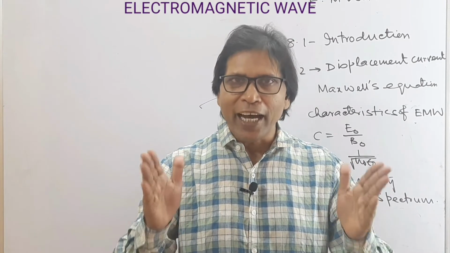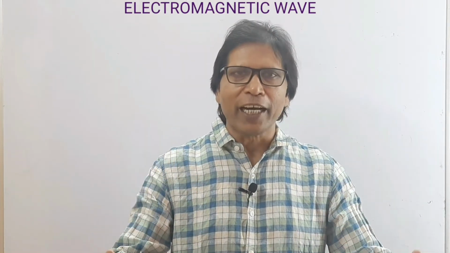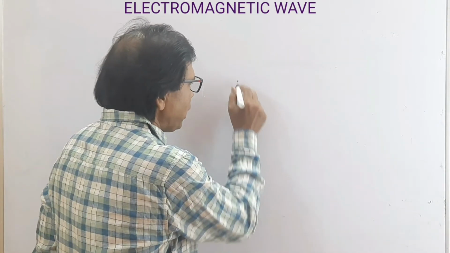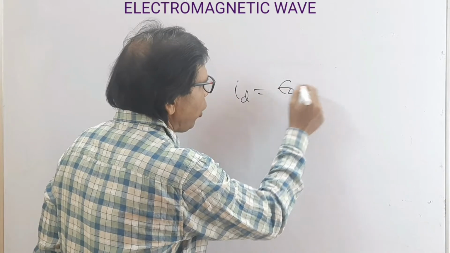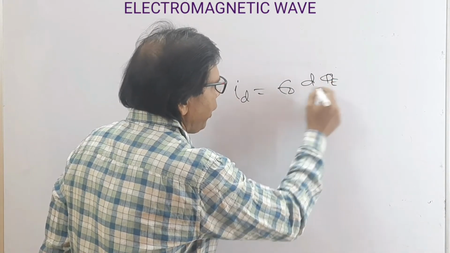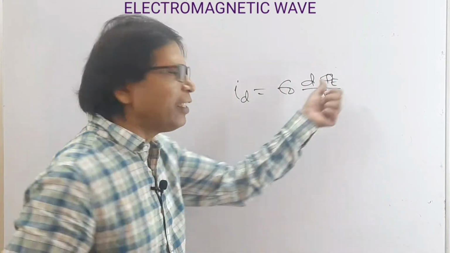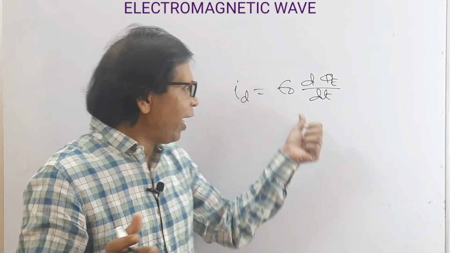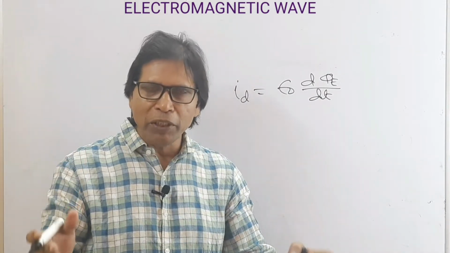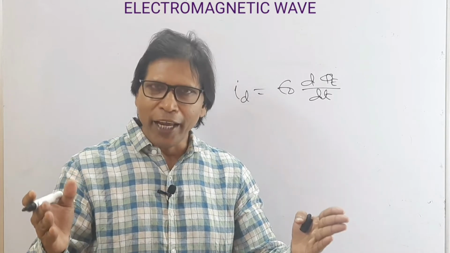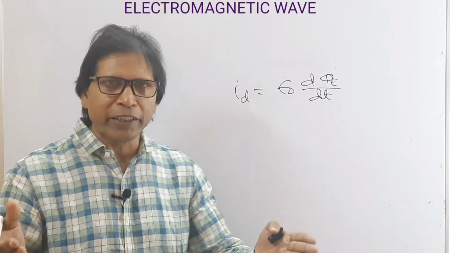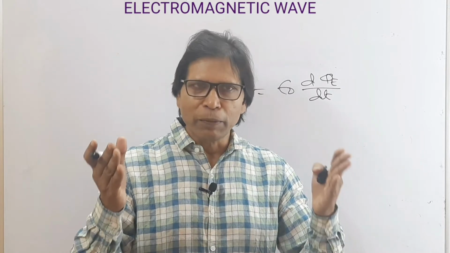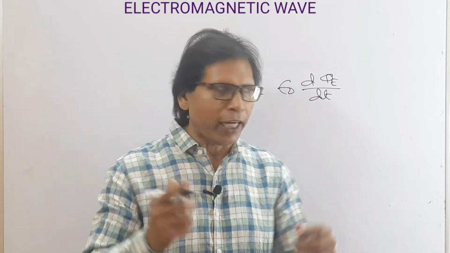Now displacement current: when the electric field varies with time, a current is produced called displacement current. The displacement current I_D equals epsilon naught d phi E by dt, where phi E is the electric flux and epsilon naught is the permittivity of free space. Now we have to express the relation between displacement current and conduction current.